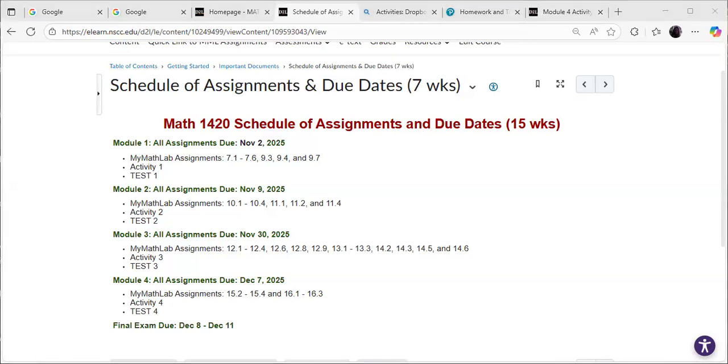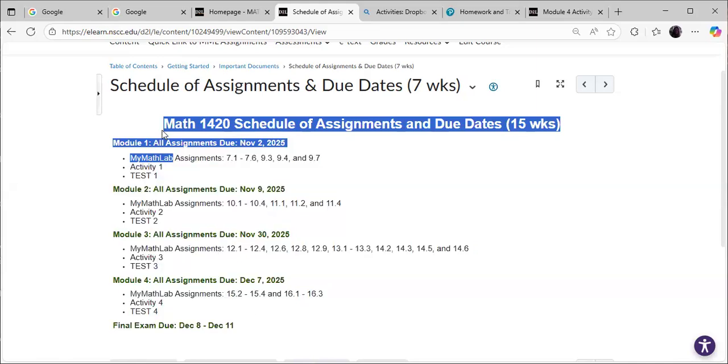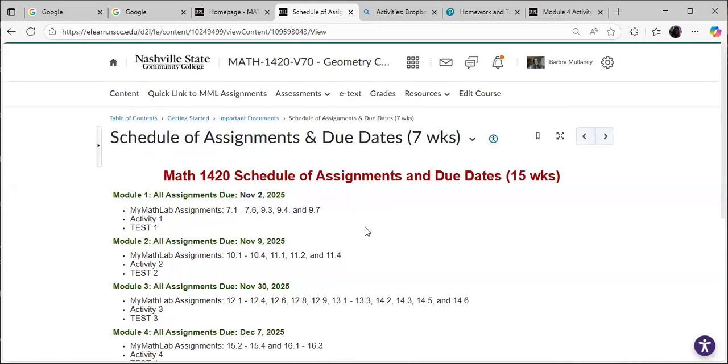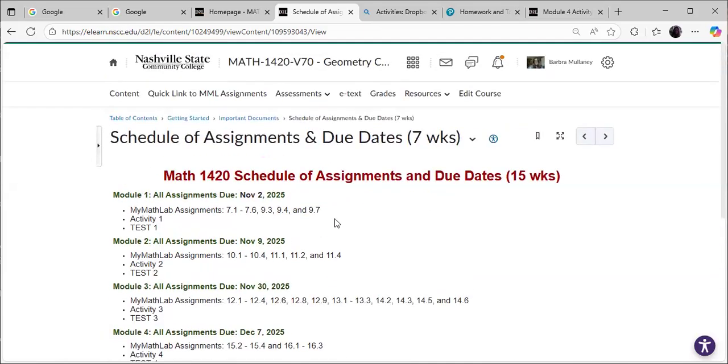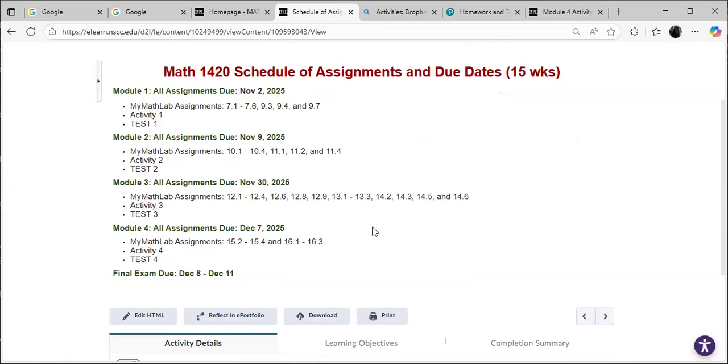And am I correct that we won't have access to any of this until the class opens on the 20th? If you would like, I can just send you these documents as PDFs in an email. Oh, that would be great. Okay, so I could send you the syllabus and that schedule of assignments so that you can just get that jotted down.